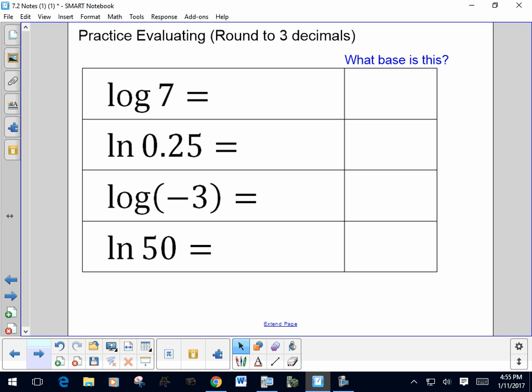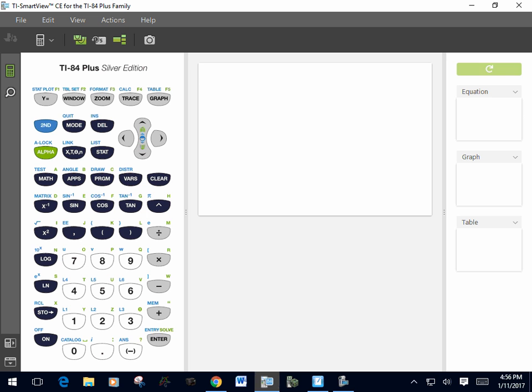Okay, so we want to practice evaluating these. Essentially, I just want you to get used to the position of the button on your calculator. So if we want to know what the log of 7 is, we just use that log button on the calculator. Real quick, if you're using a TI calculator, the button is right here.